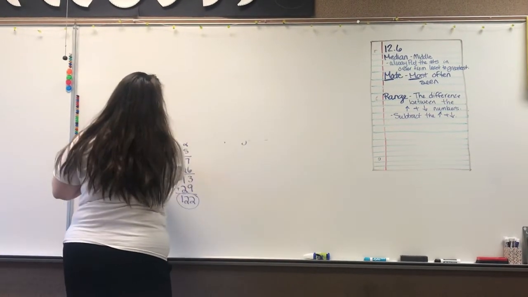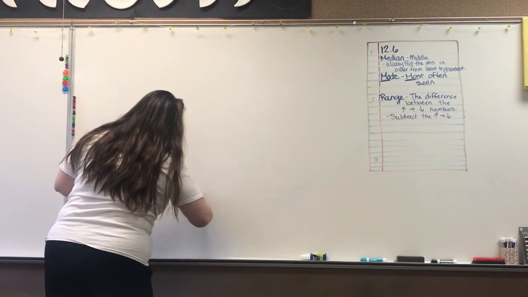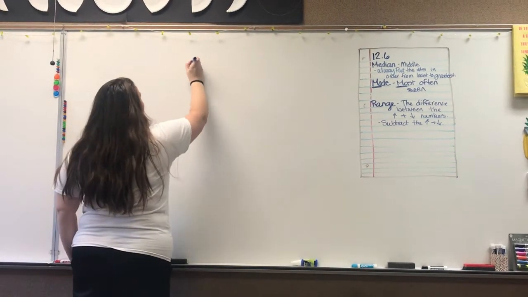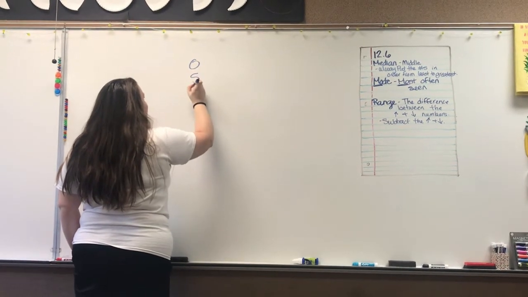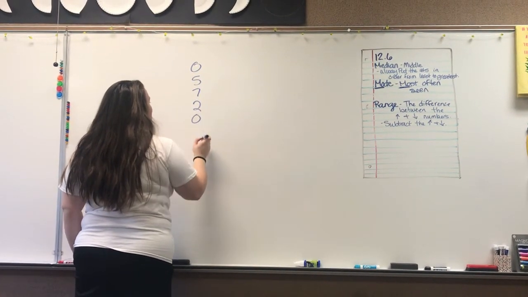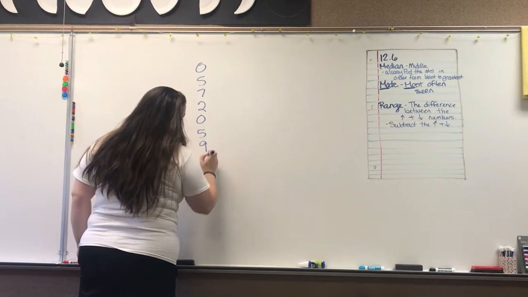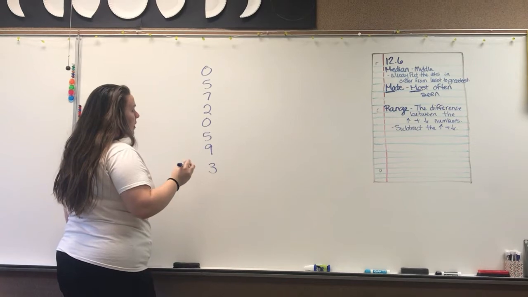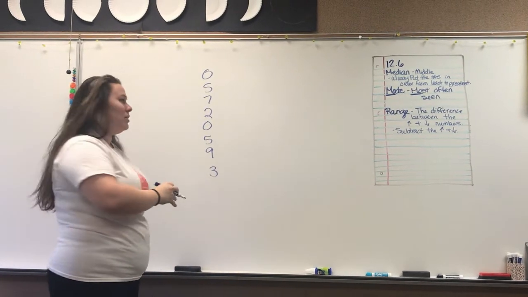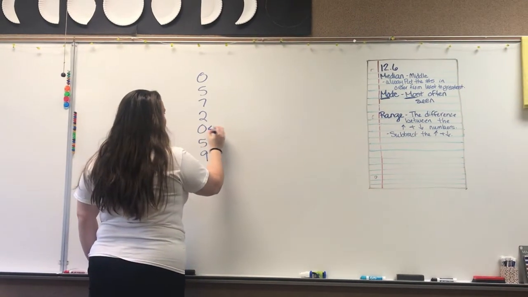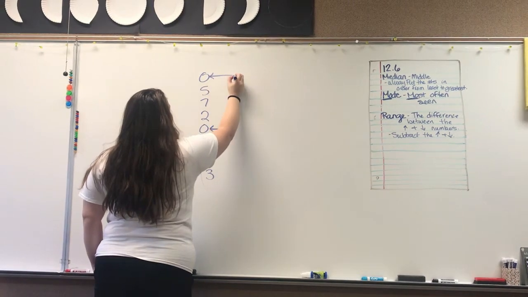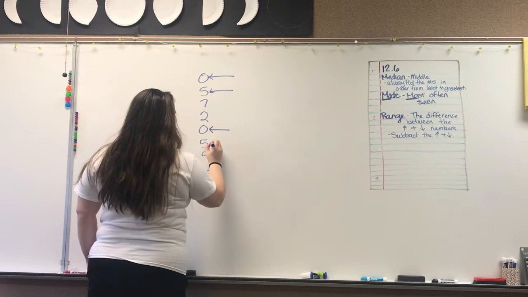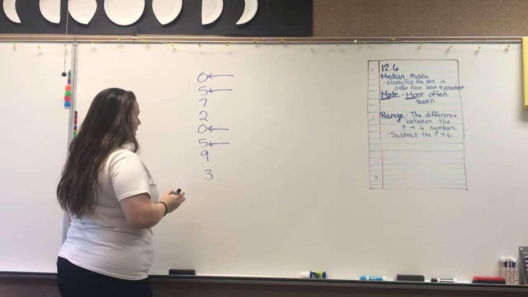The first one is mode. If you might have a problem with mode, 0, 5, 7, 2, 0, 5, 9, 3. Okay? Do you see any numbers that repeat? I see a 0 that repeats twice. I see a 5 that repeats twice.